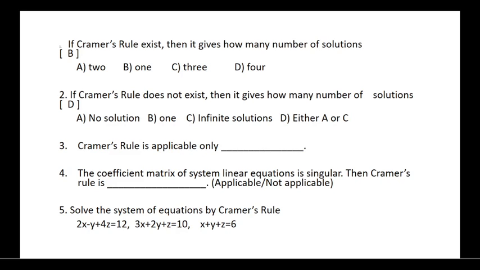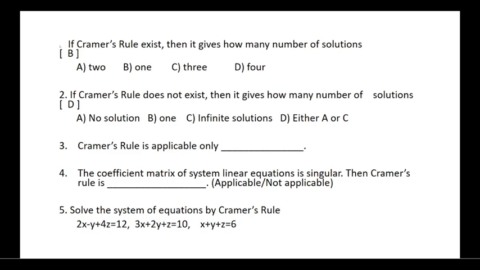Like that, delta 3 is also the determinant of the coefficient matrix, but in the coefficient matrix the third column is replaced by the elements in the constant matrix. So x is delta 1 divided by delta, y is delta 2 divided by delta, z is delta 3 divided by delta.